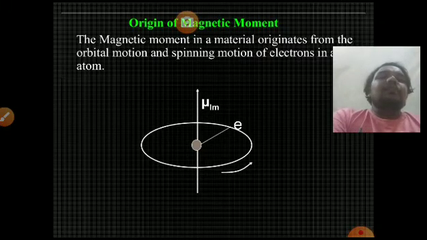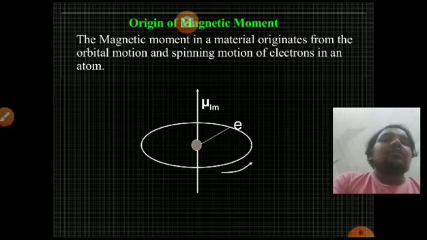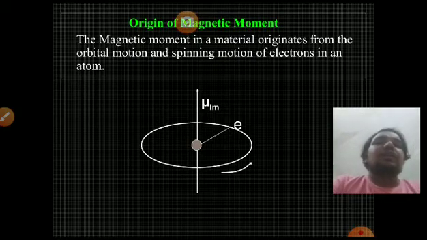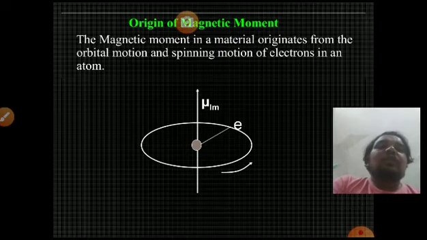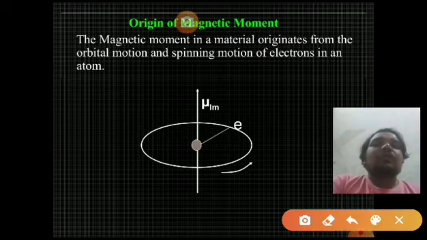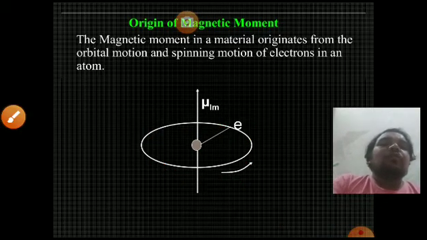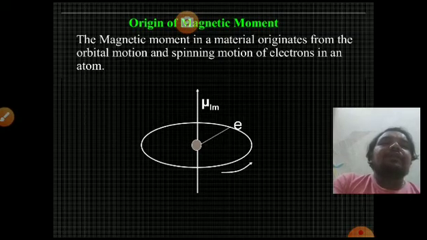Origin of magnetic moment. The magnetic moment in a material originates from the orbital motion and spinning motion of the electrons in atoms. In the diagram, an electron revolving around the nucleus in its orbital motion creates a magnetic moment.